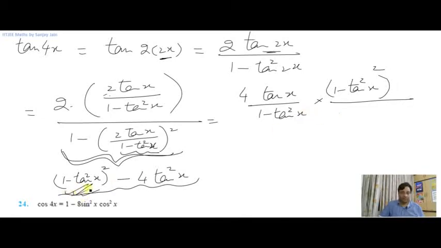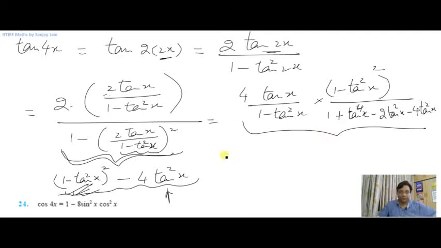Okay, so this is nothing but (a minus b) whole square, so it will give me a square plus b square minus 2ab, and then minus 4 tan square x. So let me, okay, we will do it in next step. Alright, so this is what I got. And I can further write it as this 1 minus tan square x will take away this 2 from here, and this is 4 tan x into (1 minus tan squared x).